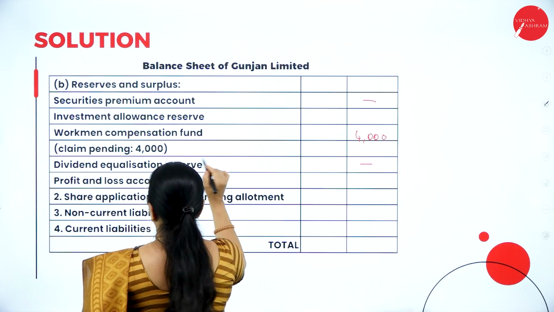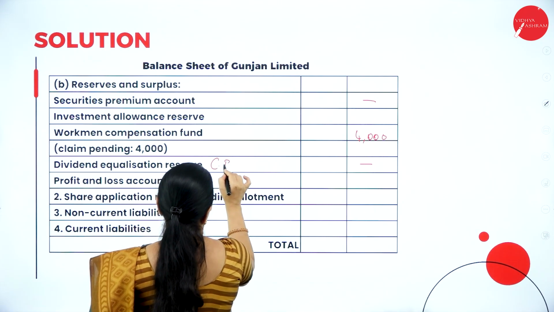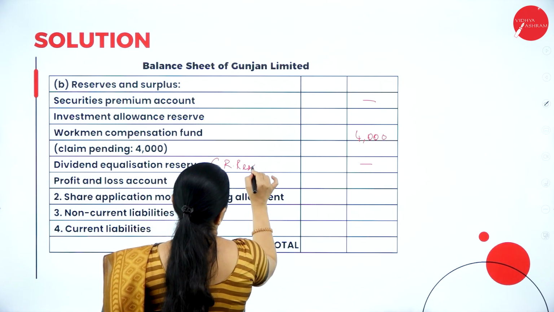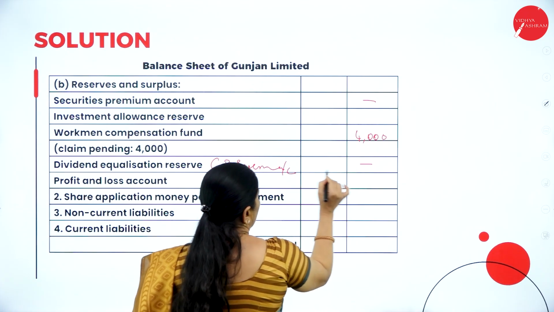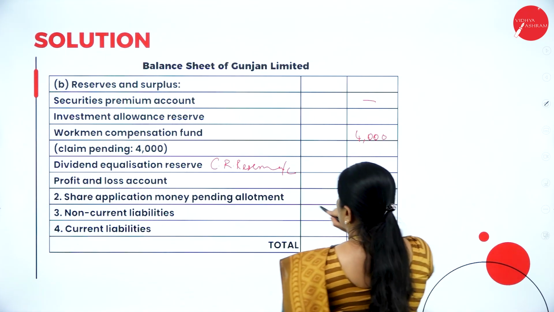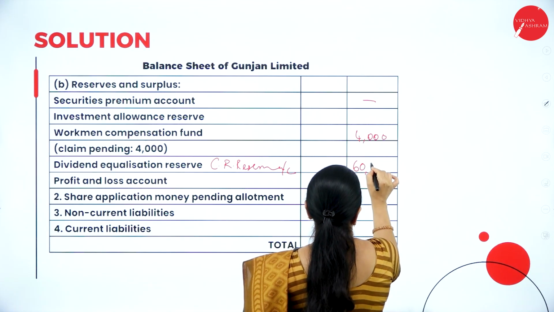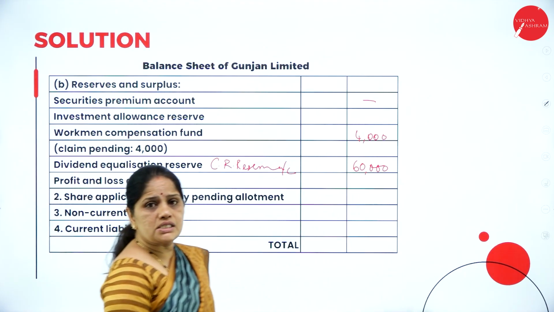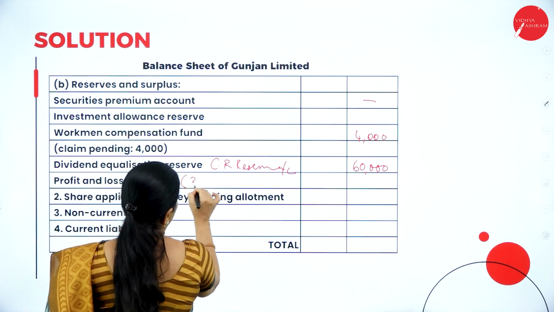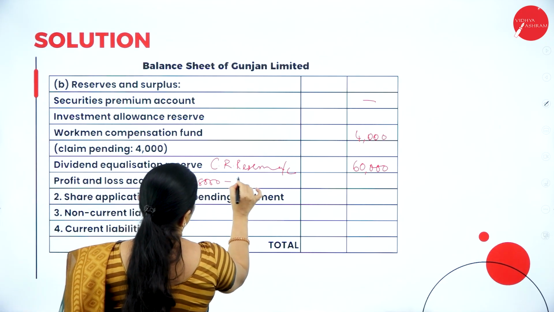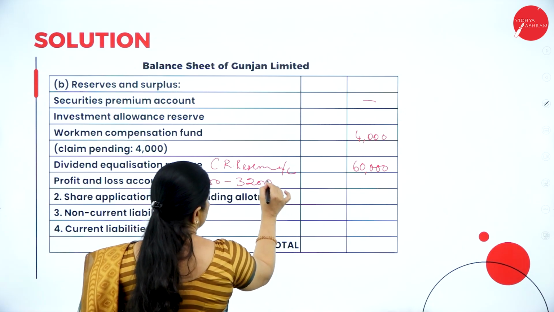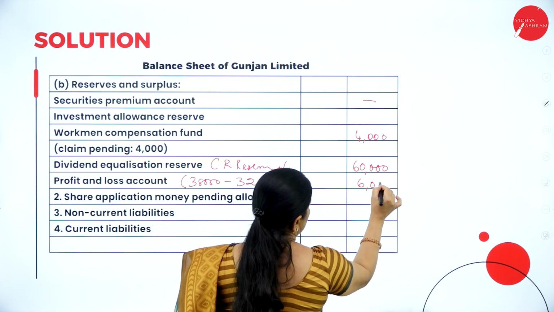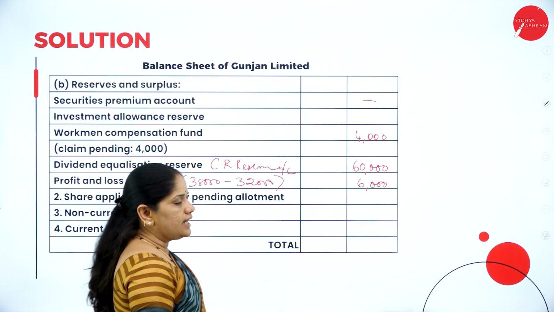In place of that we have the capital redemption reserve account, so capital redemption reserve is 60,000. Then from the profit and loss account, out of 38,000, we have taken only 32,000. The rest of the 6,000, I write it here itself.